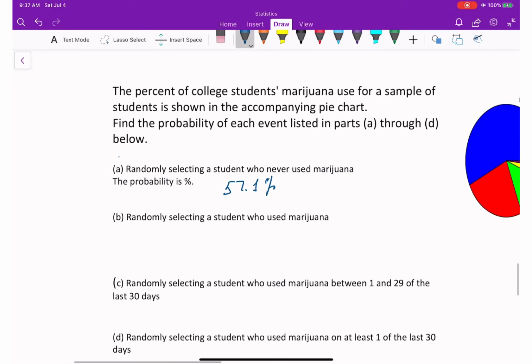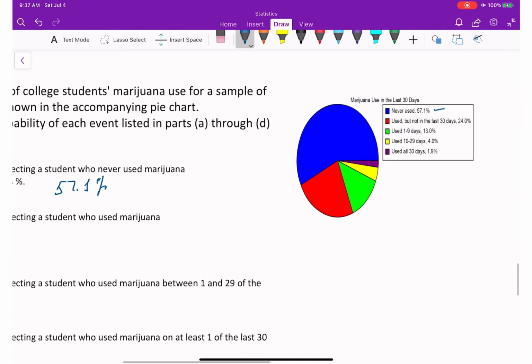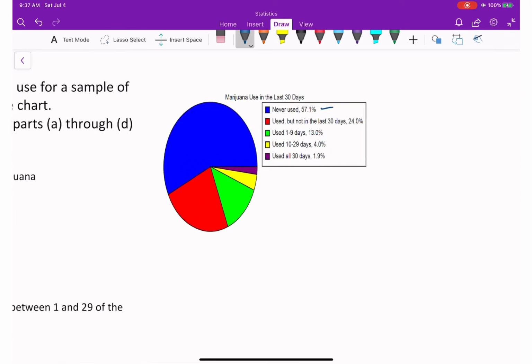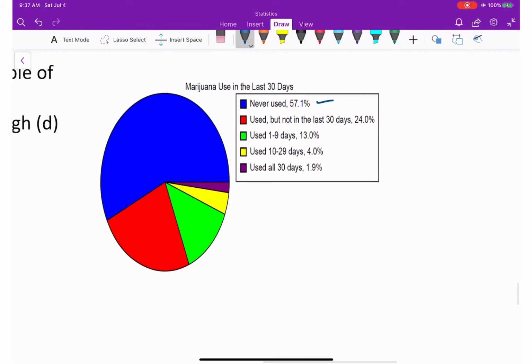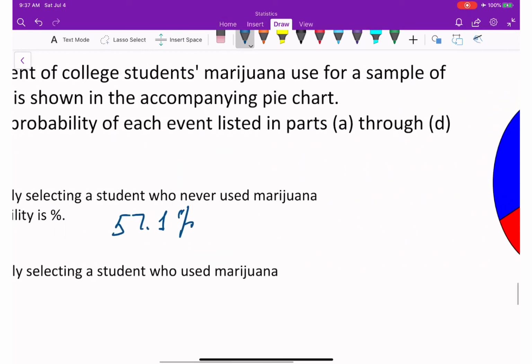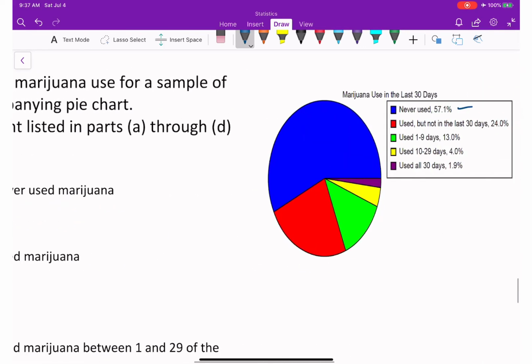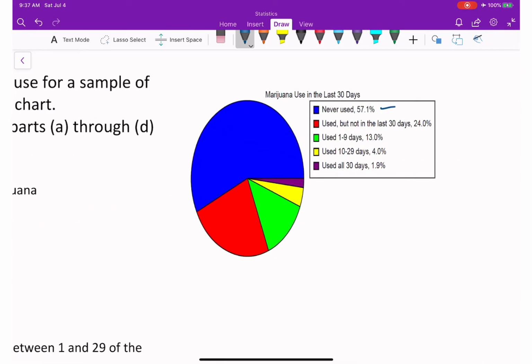Next, randomly selected a student who used marijuana. So what do we have here? Used but not in the last days, used 1 through 9 days, used 10 through 29, and did not use. Remember the complement: if I take 100% minus the 57.1% who never used, I will have the entire percentage that used, because never used plus used gives you 100%.